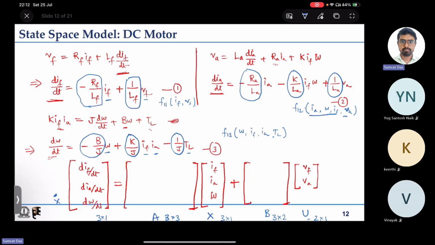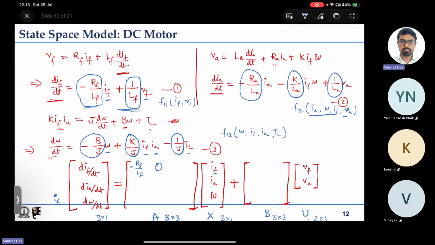Now let us try to represent them. The first term will get multiplied by if. So this is minus rf by lf. This is the one element of the A matrix. Second element, does it depend on IA? No, there is no term dependent on IA.